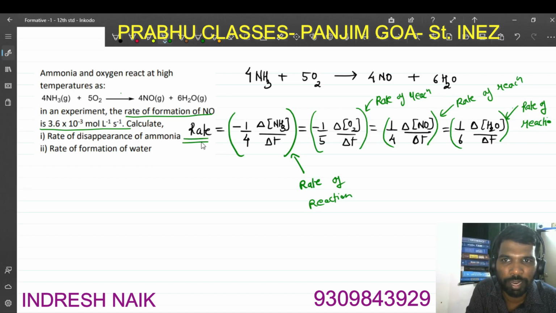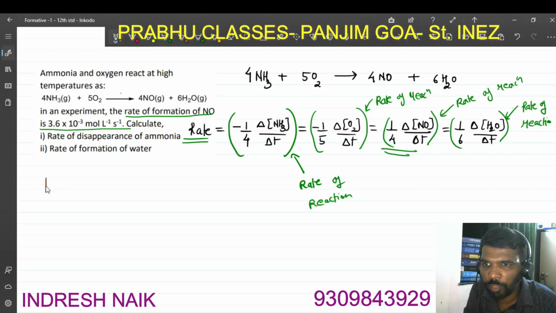I will write rate is equal to this. First I will write rate is equal to, I'll equate it to this since I am having data regarding 1 by 4 of NO.